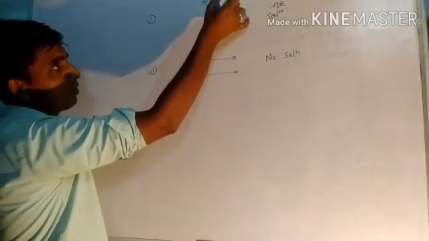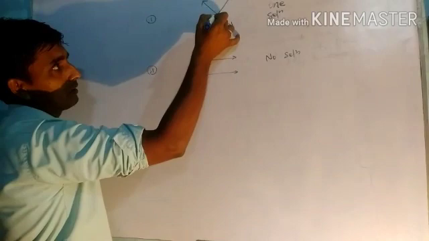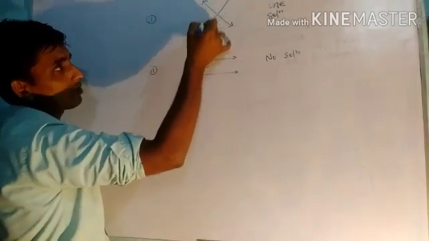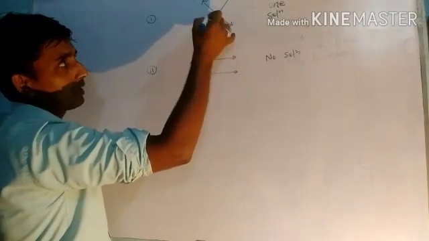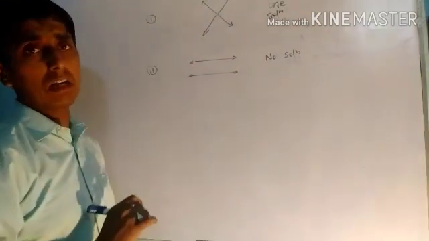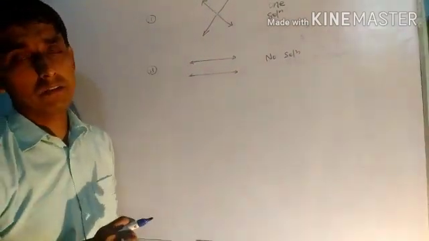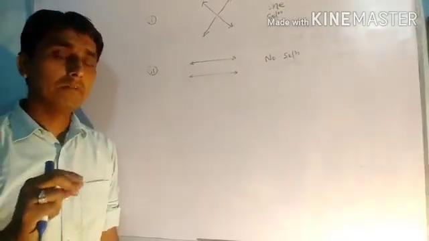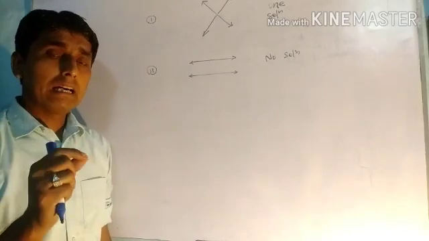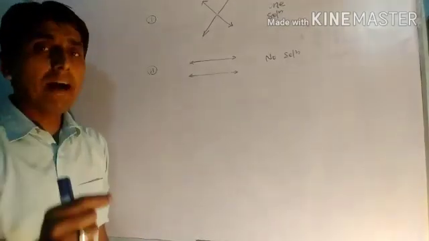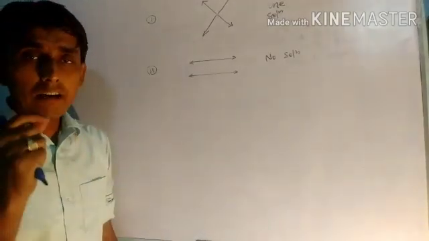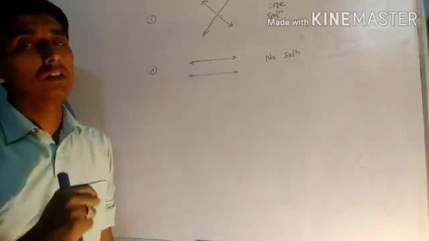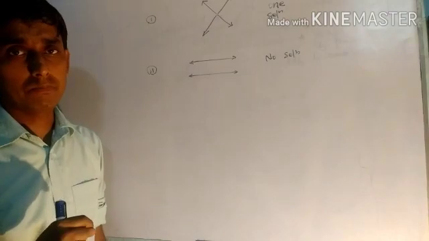This point is lying on both lines, on this graph and on this graph also. Therefore, this point is called the solution of this pair of linear equations. The value of x which satisfies both the equations, and the value of y which satisfies both the equations, that is called the solution of a pair of linear equations.